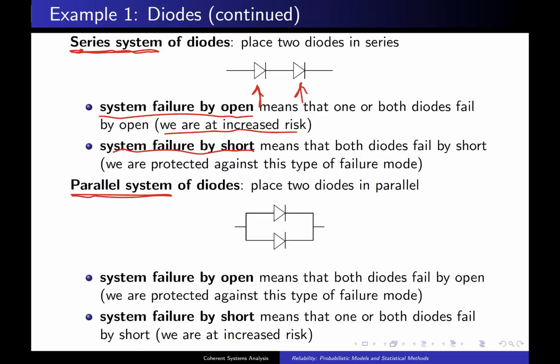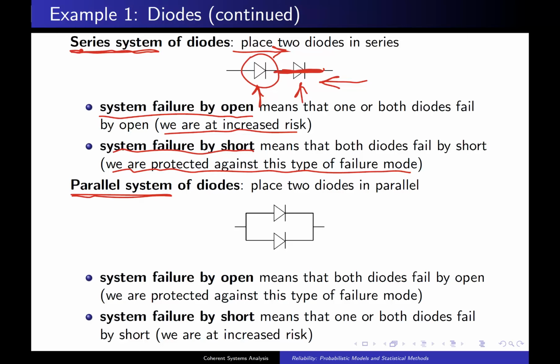So watch, if this second diode goes out, we can represent that by a line. This system right here is still operating because current can flow in this direction, but you have infinite resistance in this direction because this diode is still doing its thing. So by arranging them in series, we are protecting against failure by short.